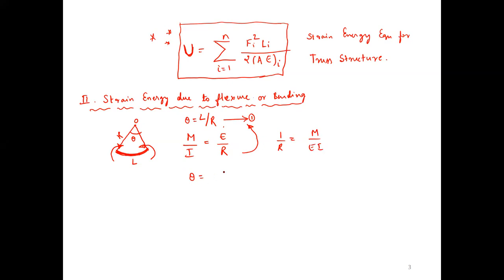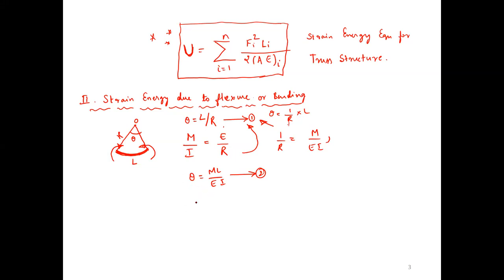So what we are getting is ML by EI. Say equation number 2. Just substitute this value into equation 1 in place of 1 by R. This is theta equals 1 by R into L. So if you substitute 1 by R, it becomes ML by EI. Any doubts?